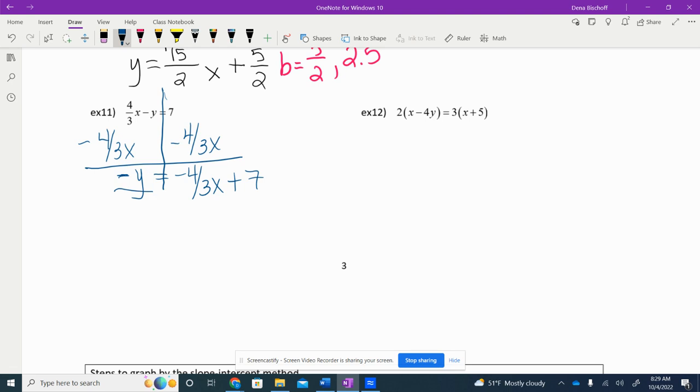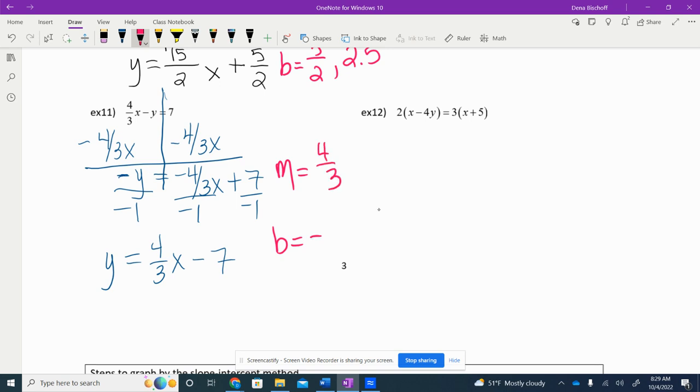Yeah, divide by negative 1. Every stinking term gets divided. Y equals a negative divided by a negative is a positive. A positive divided by a negative is a negative. So my slope is 4 over 3, and my y-intercept is negative 7.